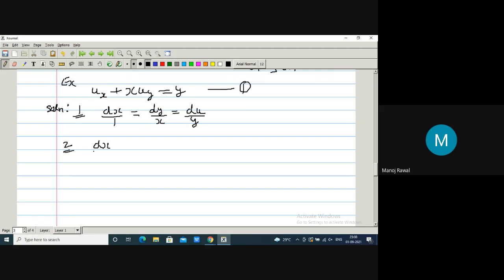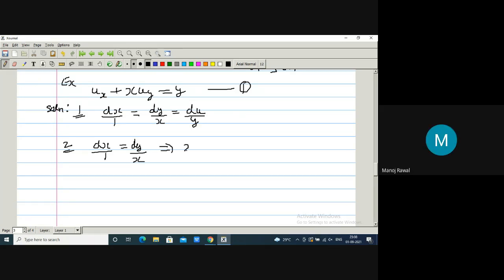So dx upon 1 is equal to dy upon x. And please solve this differential equation. x square minus 2y is equal to a constant. Yes, thank you.